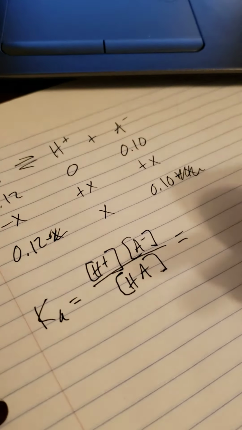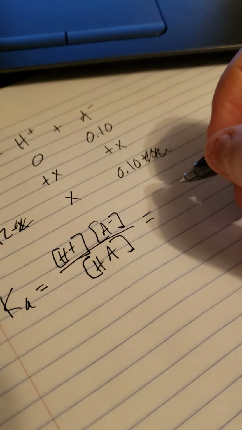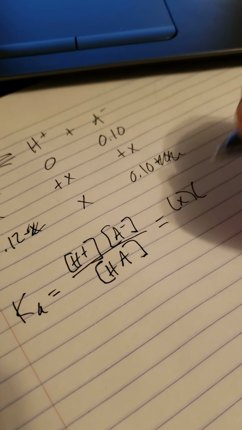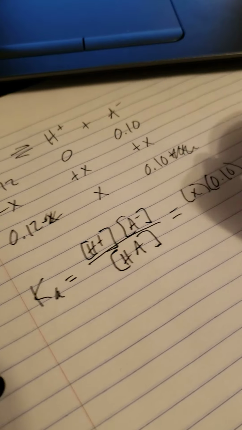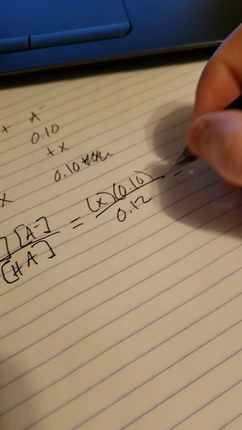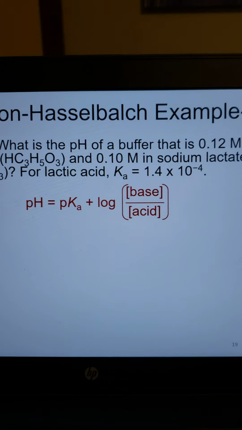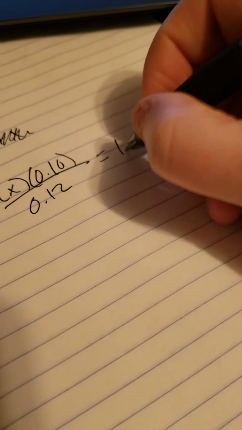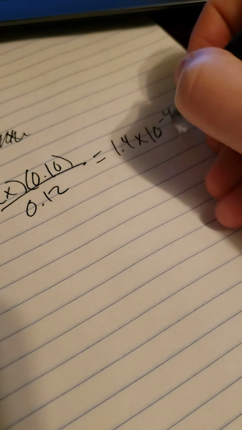We'll check our assumptions later. We know how to do that. So, plugging in: X times 0.1 divided by 0.12 is equal to the Ka, which was given in the question, 1.4 times 10 to the negative fourth.